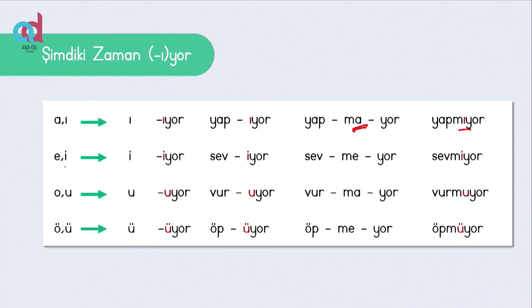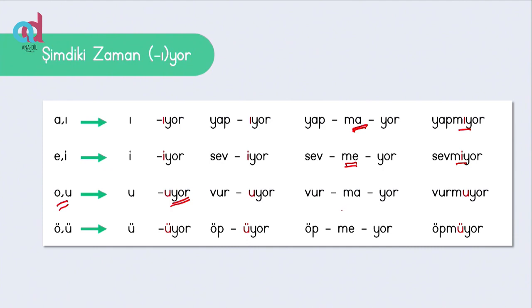When we have e in the last syllable of the verb root, then it also starts with e, like seviyor. When we change it into negative, instead of sevmiyor, we change into sevmiyor. If we have o, u in our last syllable of the verb root, then the suffix needs to start with u, vuruyor.